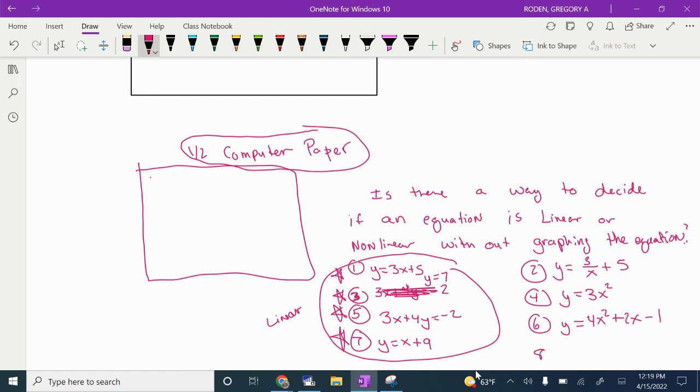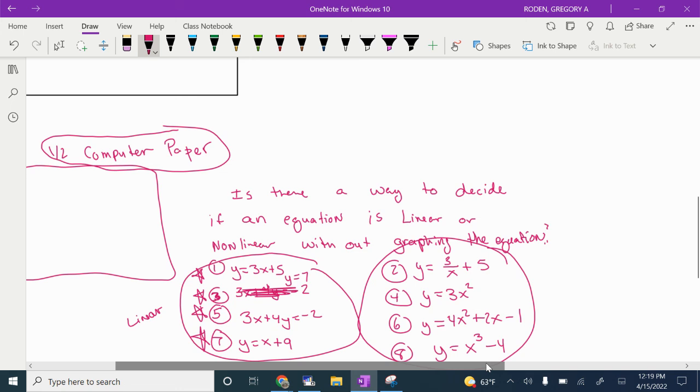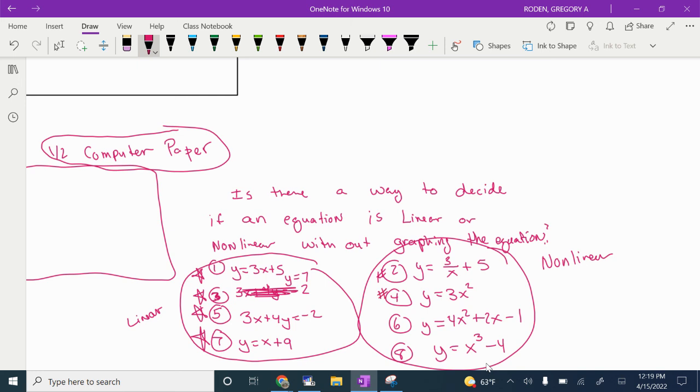And box 8, which was y equals x to the third power minus 4. These guys were all nonlinear. So you should have a hashtag next to each one of these because they're nonlinear. And you should have circled no for each one of these because when we graphed them, they were curves.